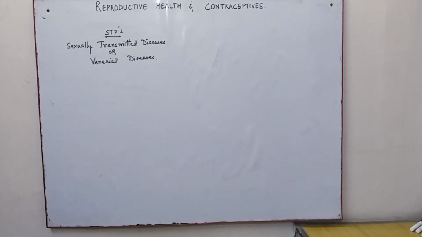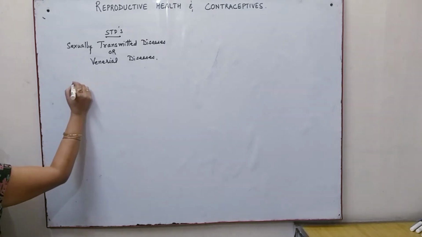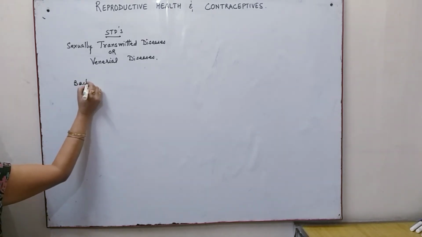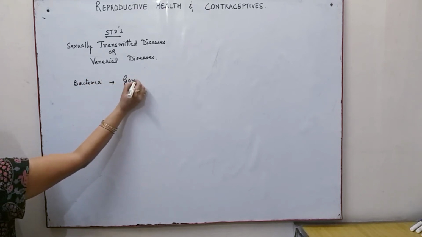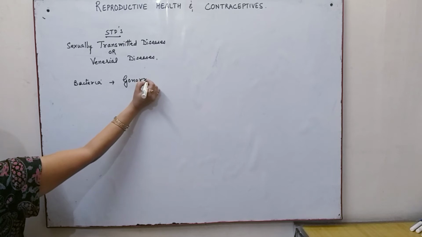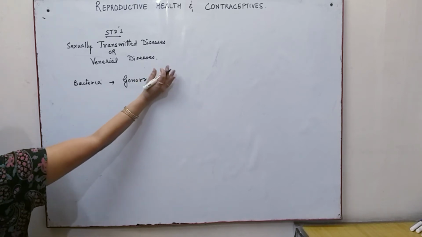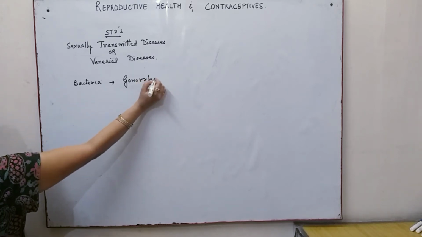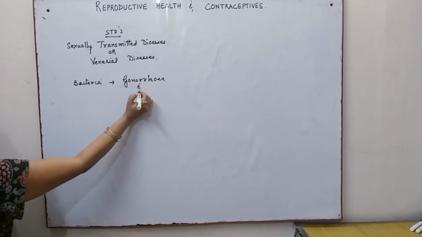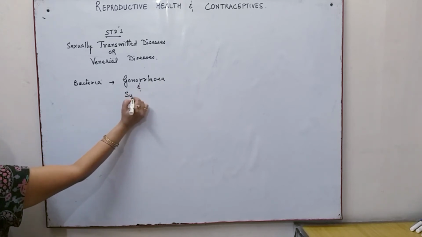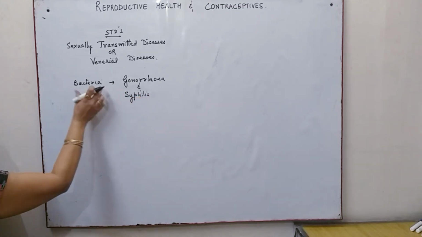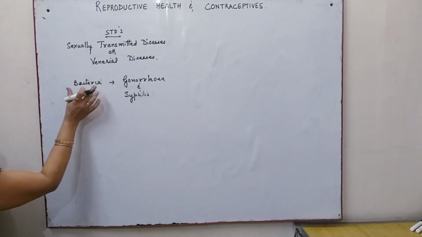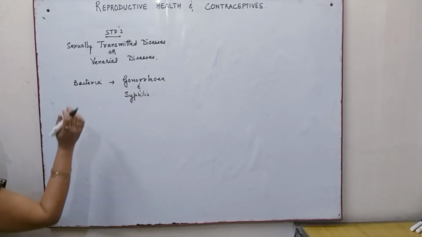Now, for the bacterial infections, we have two very common examples. The diseases which are caused by bacteria are gonorrhea and syphilis. These diseases are caused by bacteria which are commonly found.